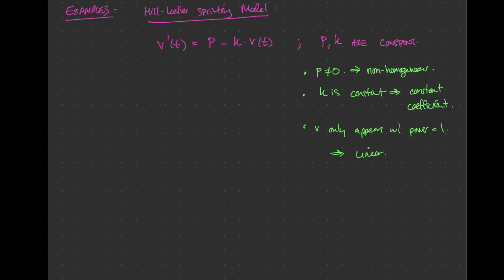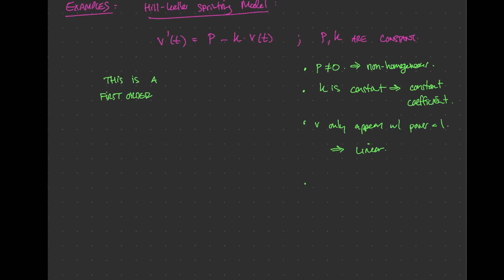So we can say that we know this is a first order. Oh, we hadn't talked about first order yet. How do we know about first order? We know it's first order since, what? We talked about this last time, right?